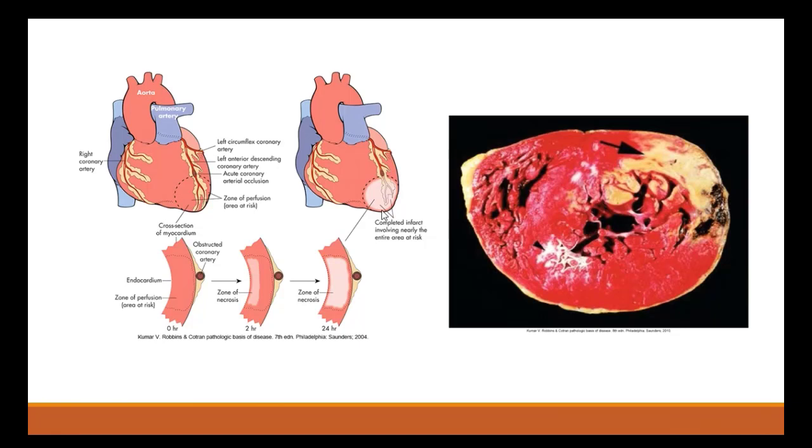So you will have paradoxical movement of this part of the ventricular wall. When the rest of the ventricle is contracting, moving inwards, this area will be bulging outwards because of its lack of ability to contract. So if the area is large, it can lead to severe decrease in stroke volume and cardiac output ultimately.